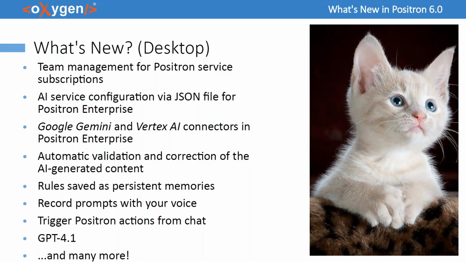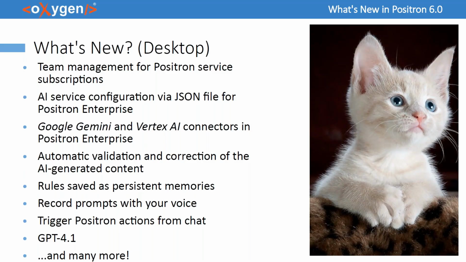On the other hand, in our enterprise distribution, where you can connect to your own or your company's AI service account, in Positron Enterprise, you can now configure the AI service via a JSON file. Actually, you can use this JSON file to impose an AI service configuration. And we're going to talk about this a little bit later.